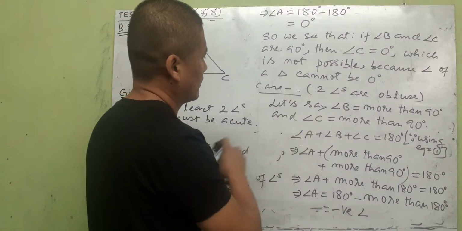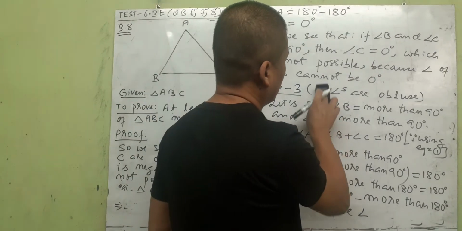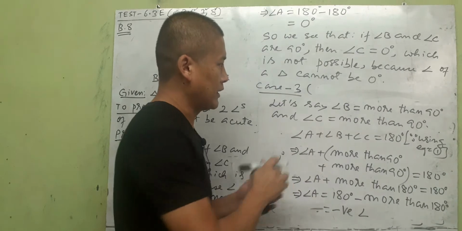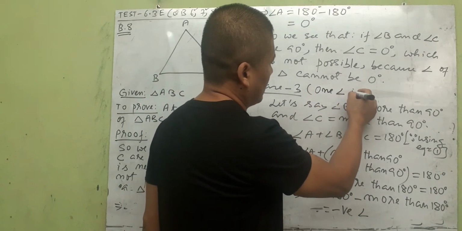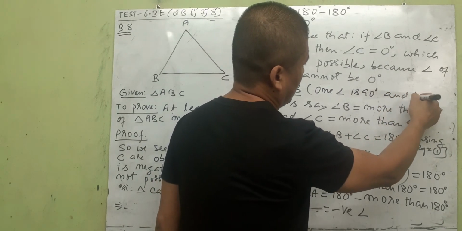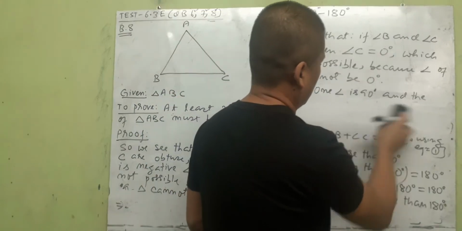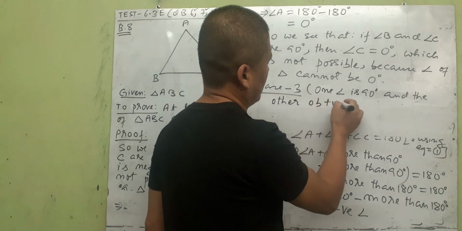Case 3. Now we have taken first two of them 90 degrees, second one two obtuse. Now let us take one angle is 90 degree and the other obtuse.